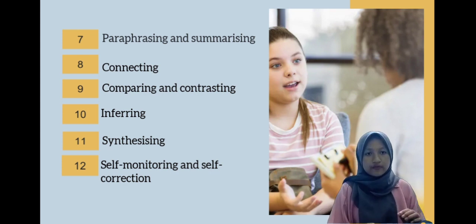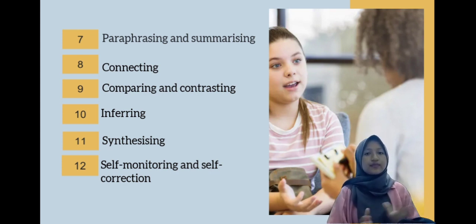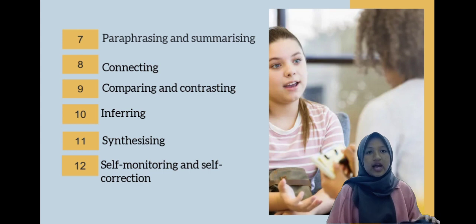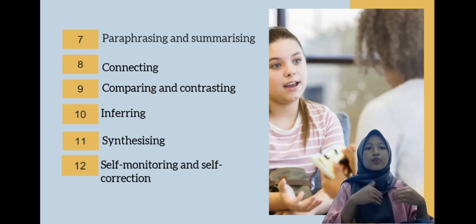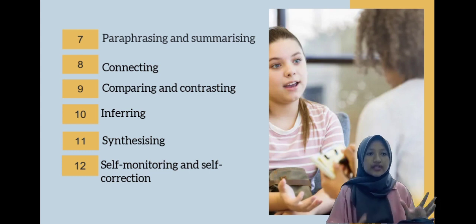Strategy number 12. This is the last strategy, called self-monitoring and self-correction. When listeners do not understand the talk of the speaker, they will make repeating, recasting, paraphrasing, summarizing, and asking questions. It helps them to monitor their understanding and to be able to make the appropriate correction to avoid misunderstanding.